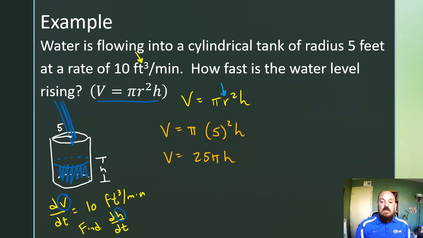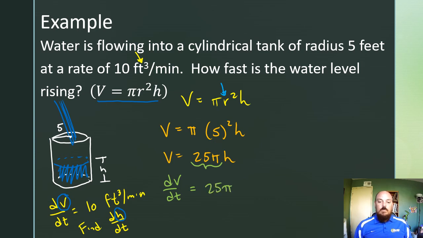We're ready for that next step. I'm going to take the derivative with respect to t. The derivative of V is dV dt. Now on 25 pi h, remember, 25 pi is a constant. And when you have h to the first power and you take its derivative, what you're left with is just the constant in front.